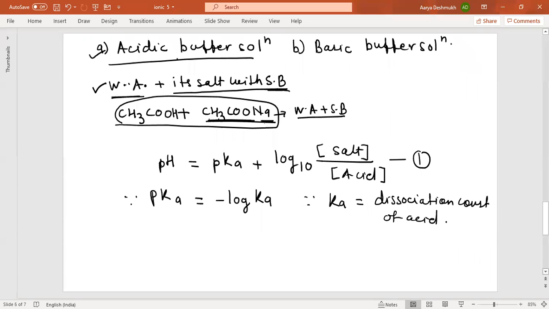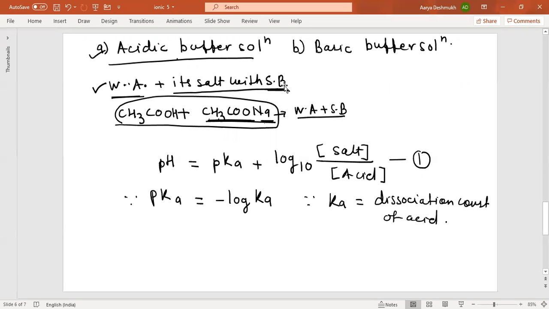Now we proceed further. There are two types of buffer: one is the acidic buffer and the other is the basic buffer solution. We'll start with the acidic buffer solution. The acidic buffer solution is a solution containing a weak acid and its salt with a strong base.